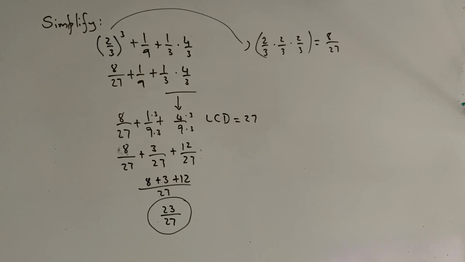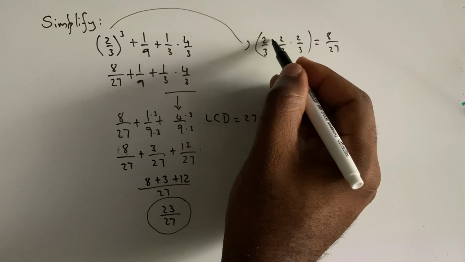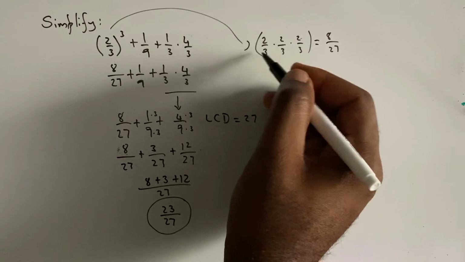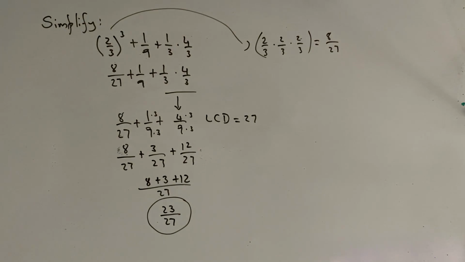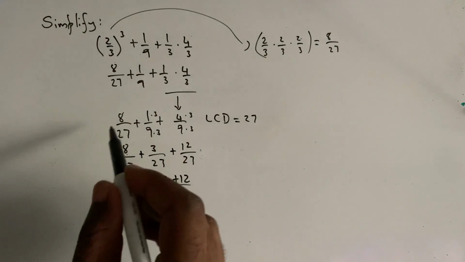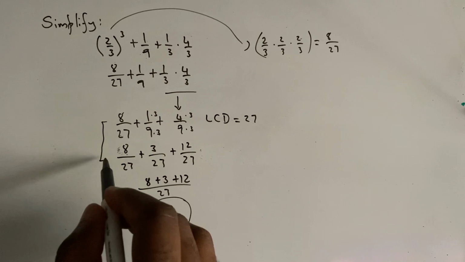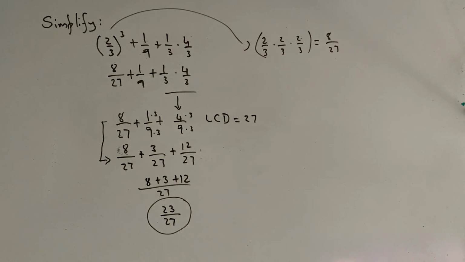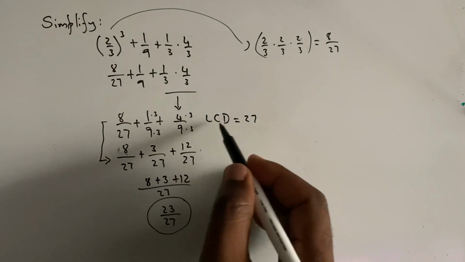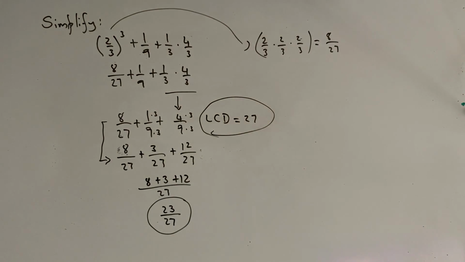Also, when multiplying, you just multiply across. And to add or subtract fractions, you must make sure they have the same denominator, which we call the LCD. As in this case here, the LCD was 27.